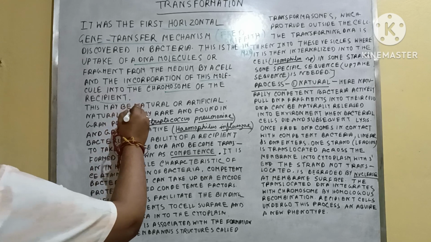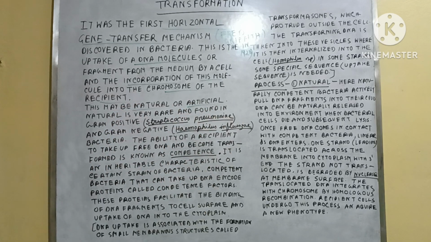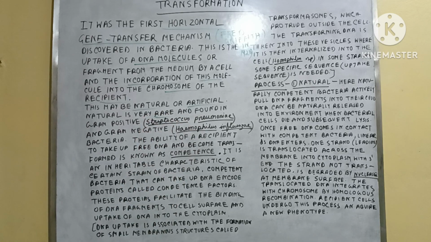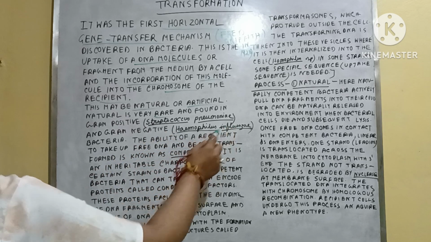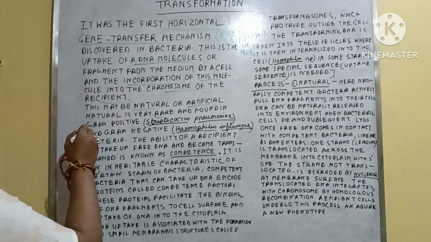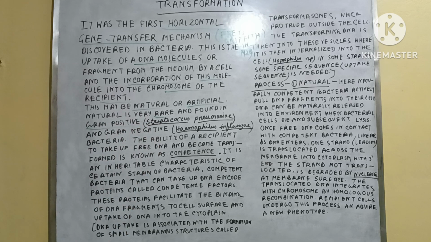Generally, this may be natural or artificial. Natural transformation is very rare and is found in Streptococcus pneumoniae and Haemophilus influenzae. Streptococcus pneumoniae is a gram-positive bacterium, and Haemophilus influenzae is gram-negative.